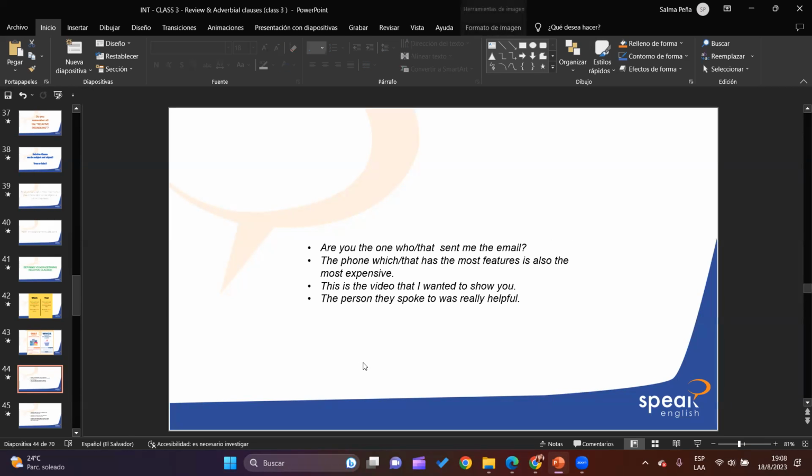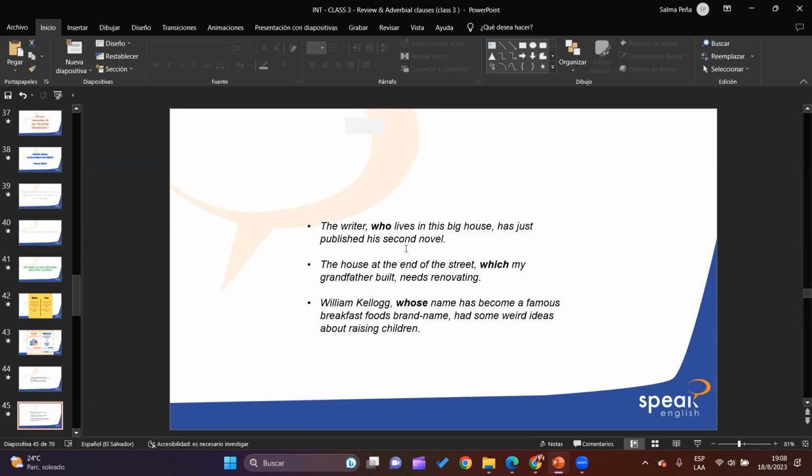So all of these examples are restrictive or defining, so you cannot eliminate information. But what about this? Tell me, let's see, Martin, in the first sentence, which is the part that you can eliminate and will not affect the sentence or the main idea of the sentence?